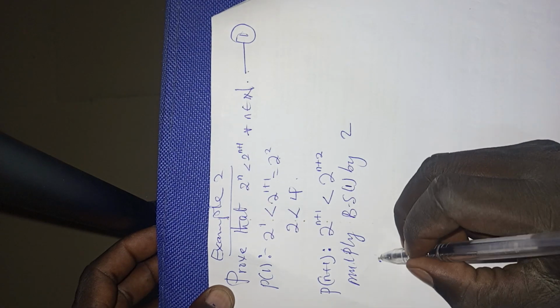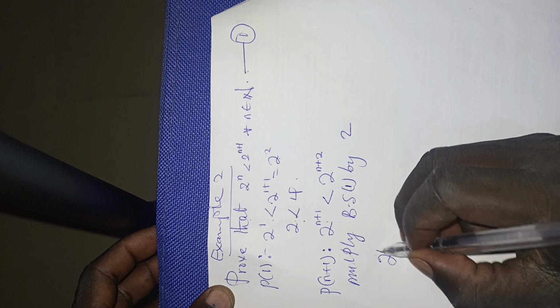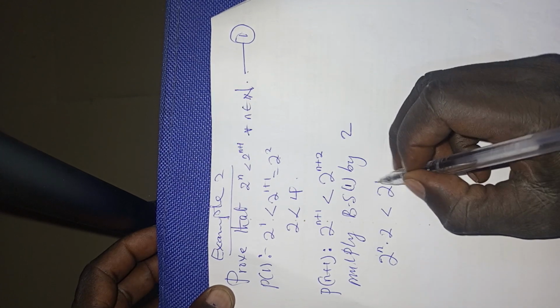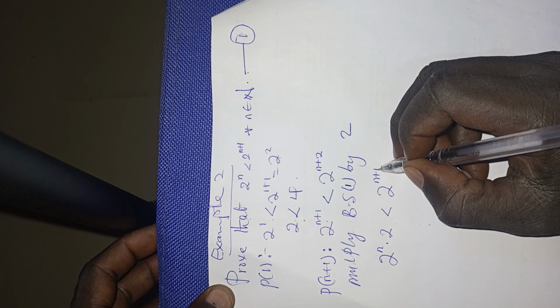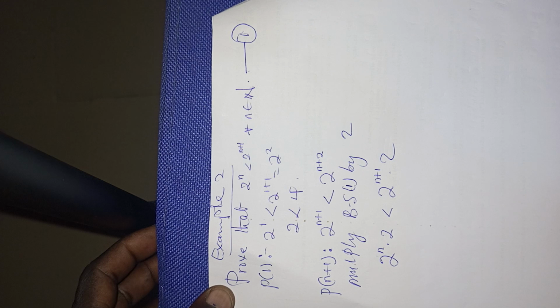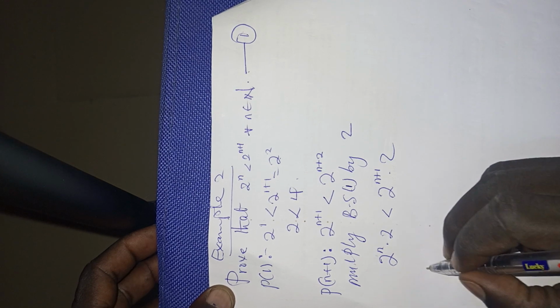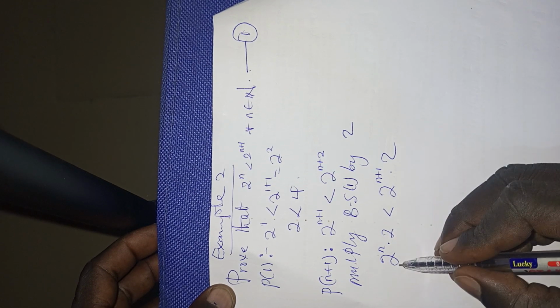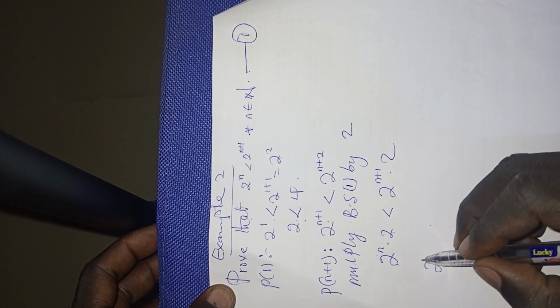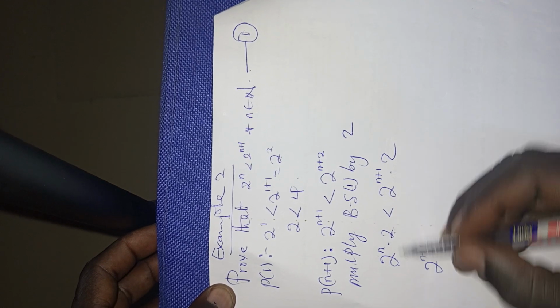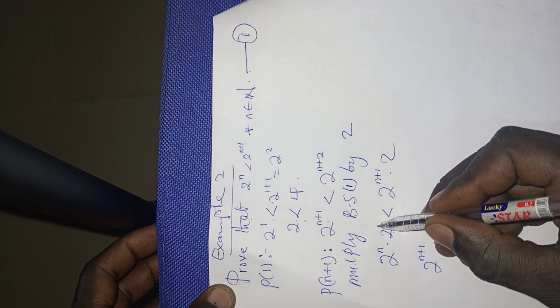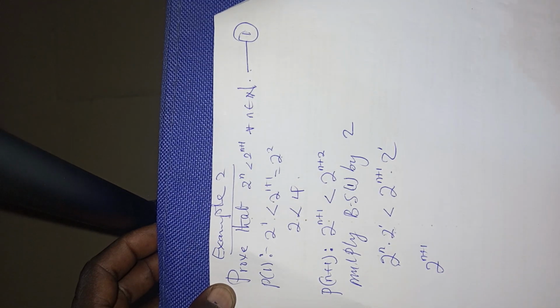So what happened? We take this, so we have 2 raised to the power of n times 2 is less than 2 raised to the power of n plus 1, and then times 2. So this gives us, by law of indices, because we have equal bases here, n and then plus 1, because they have equal bases, so we simply add their powers. 2 here is power 1.